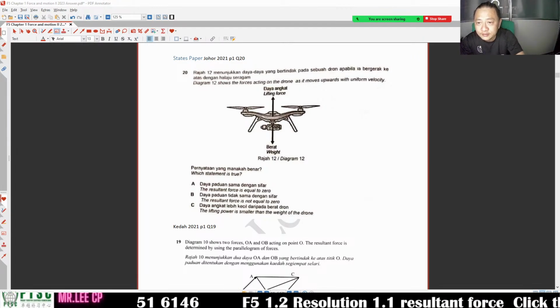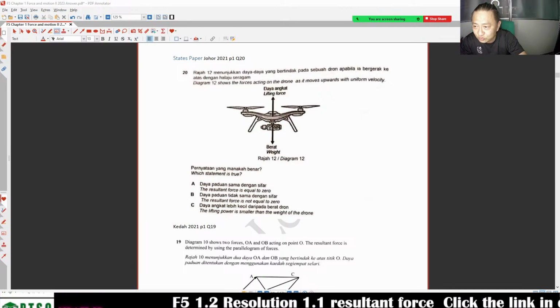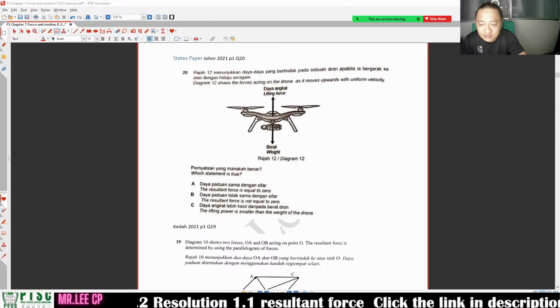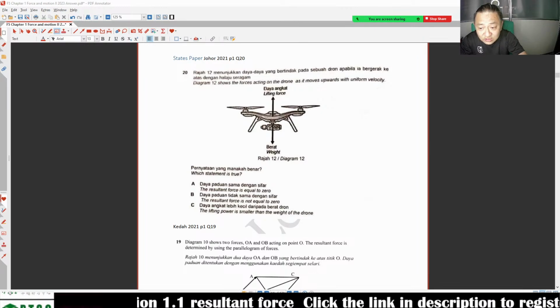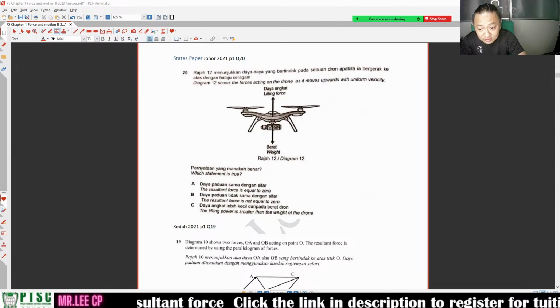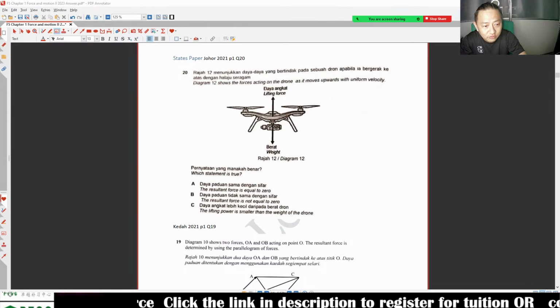Right. Diagram 12 shows the force acting on the drone as it is moved upward with uniform velocity. Which statement is true? The resultant force is equal to 0. The resultant force is not equal to 0. The lifting force is smaller than the weight.